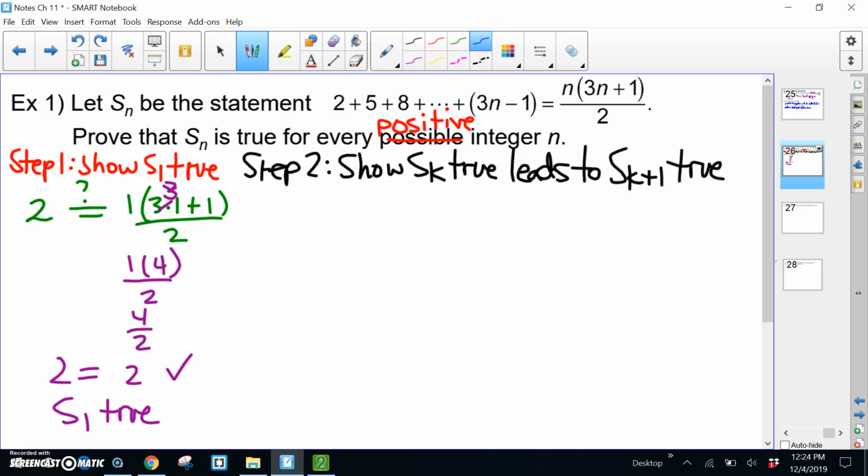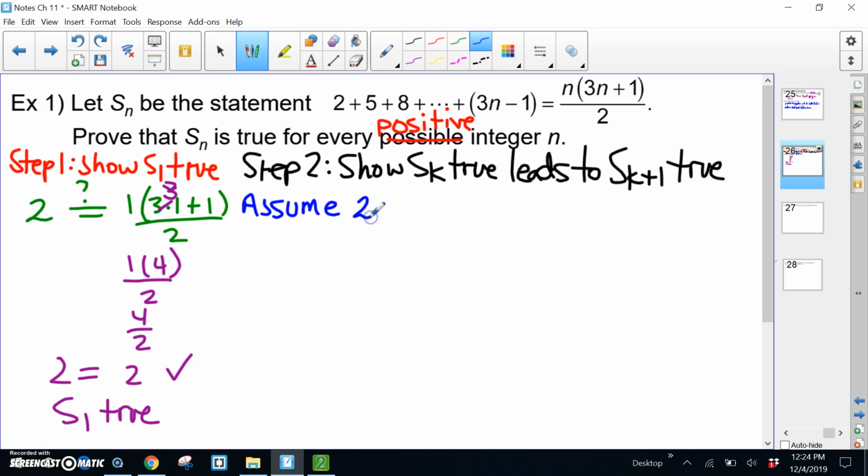I'm going to start with an assumption. Assume. And then what you're going to do is take that expression, that statement, and plug in k in place of n. So replace n with k.